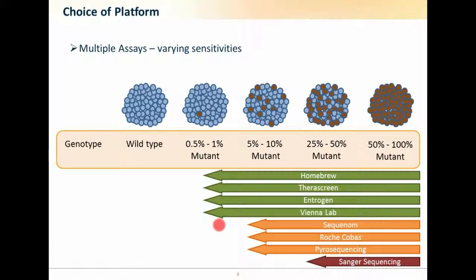These, from data that we've seen from people we're working with, have a limit of detection in the range of 1%. Sequenom, the Roche Cobas system, pyrosequencing would have a range of about 5%, and then Sanger sequencing is typically accepted between 15% and 25% limit of detection.